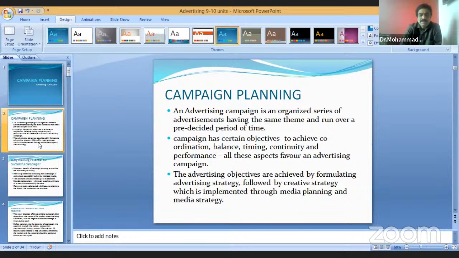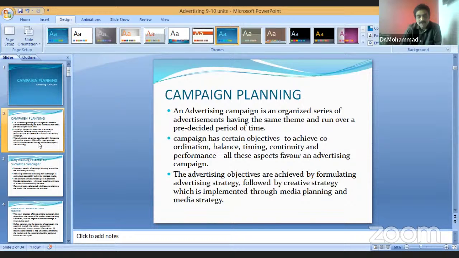And there will be media strategy. So media planning and media strategy. Media strategy is basically a combination; in an earlier class we discussed the media mix. In this media mix we take the combination of print, electronic and social media, and see which media is capable of reaching our target audience, for whom we are delivering the message.